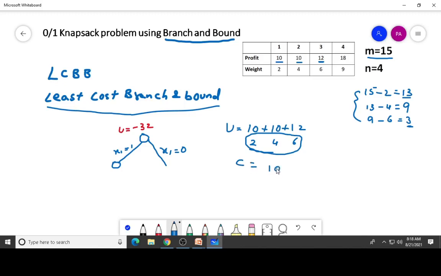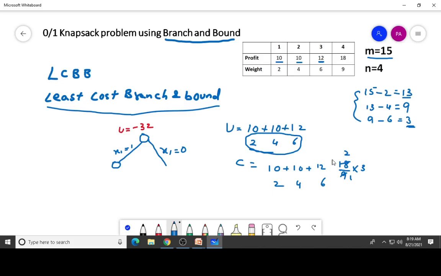What about the C? For C, I can add 10 plus 10 plus 12, and the weights 2, 4, 6. And here, what is the remaining size? Remaining size is 3. So here we can take the profit 18 divided by 9 multiplied by 3. 9 ones are 9, 9 twos are 18, 2 threes are 6.